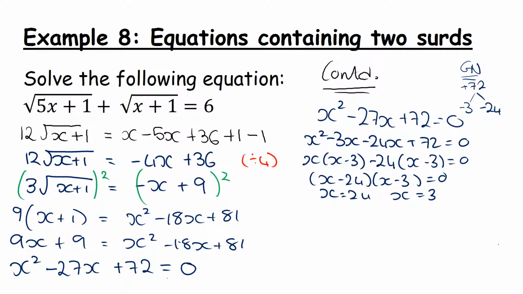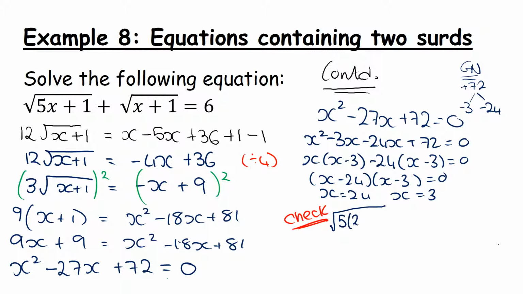So now it's important that we actually check these answers. That's one really important part of surd equations, that we check both our answers to see are they both valid, or is there one that's valid and one that's not.